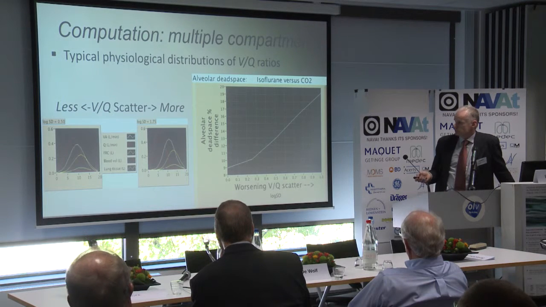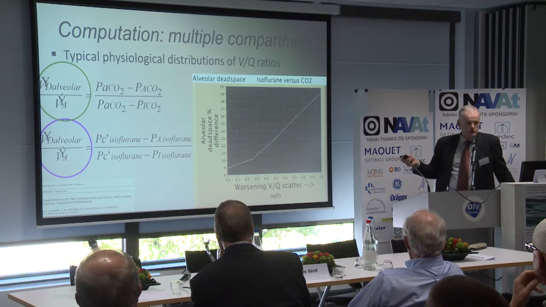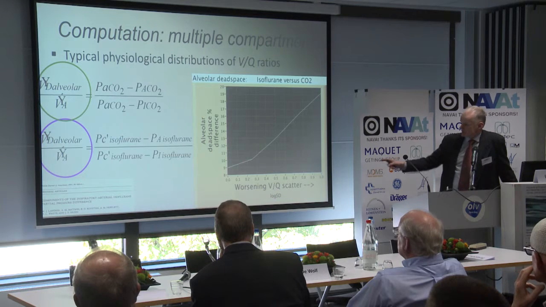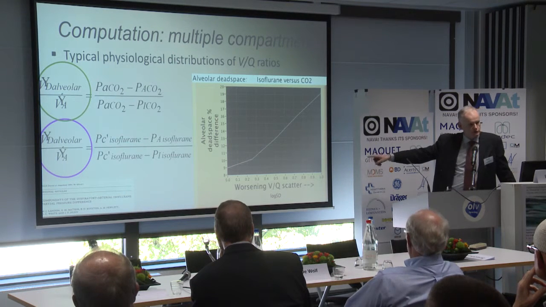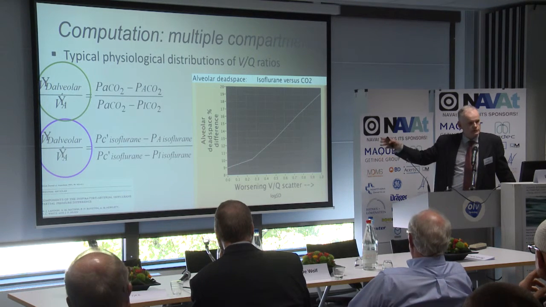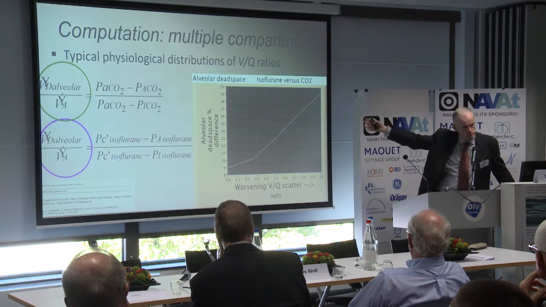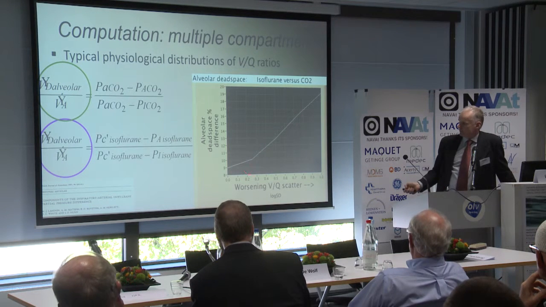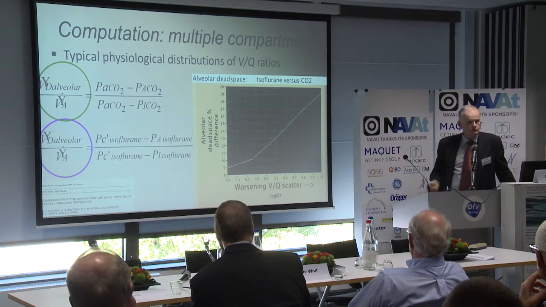And sure enough, what you could show, even with a model such as mine, is that you could predict that as VQ scatter worsened or increased, the difference in alveolar dead space between CO2, what you calculate with carbon dioxide, and isoflurane progressively ramps up. VQ scatter worsens, the difference gets bigger and bigger.